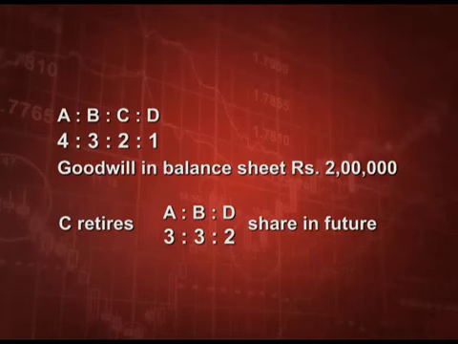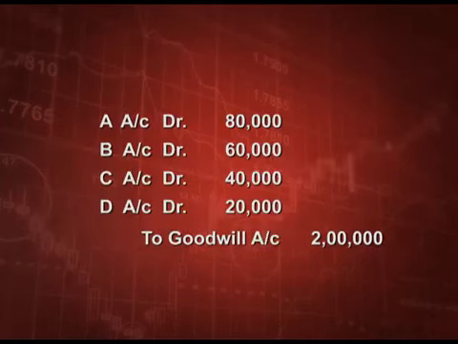The entry will be A account debit, B account debit, C account debit and D account debit in their old ratio, that is 80,000, 60,000, 40,000 and 20,000, and goodwill will be credited 2 lakh rupees. So, the existing goodwill is finished off.